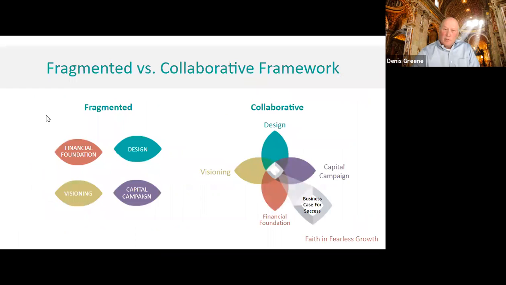And I want to conclude by just really reinforcing how important it is to have this collaborative framework, and all those gears have to be intersecting with all the others at all times, for you to have a successful capital campaign. And if not, the amount of giving goes down, the weekly giving goes down, strife goes up. It is not a happy circumstance, and I have observed many of those.